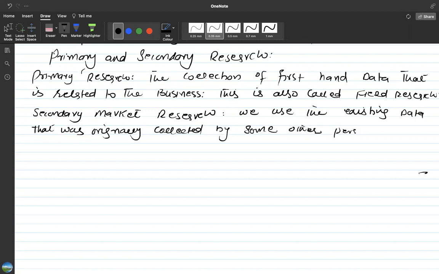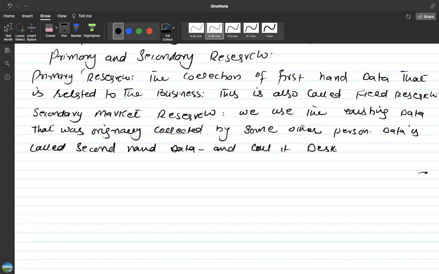That's why the data collected in secondary market research is also called second-hand data. And we call it desk research too, because we can do it on the desk table of libraries, books, computer table, through internet.